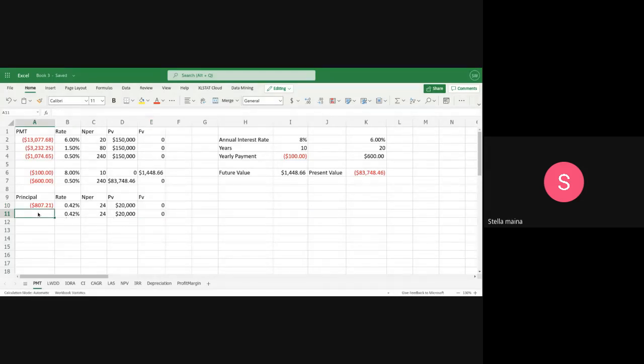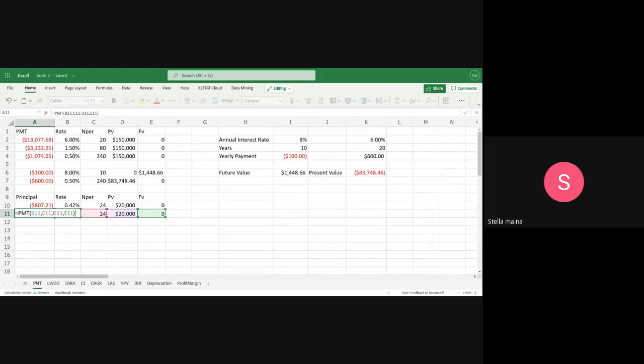Yeah, but the formula is different. So PMT, the monthly. So I want to find the monthly payment. Of course I'm going to use the same variables, but now we're just going to say B11, C11, D11, and now E11.